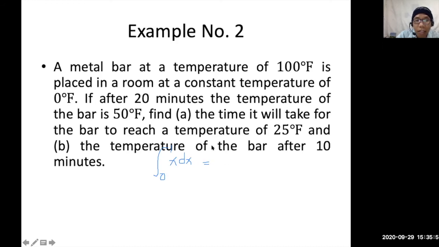Paano pag walang calculator? So integrate mo muna ito bago mag-apply yung limits, right? So you have x squared over 2. Pag definite integral, wala ka ng plus c dyan, di ba? So ganun yung gagawin ko din dito sa problem na to. Hindi ko na solve yung c. Direct ako na sa limits. Yan. So 0 to 1.